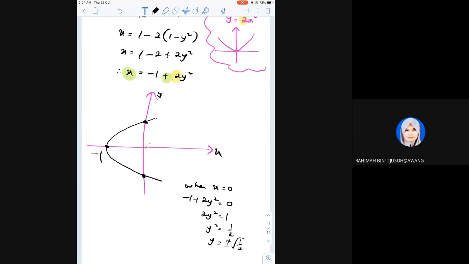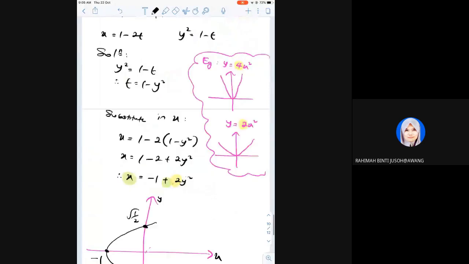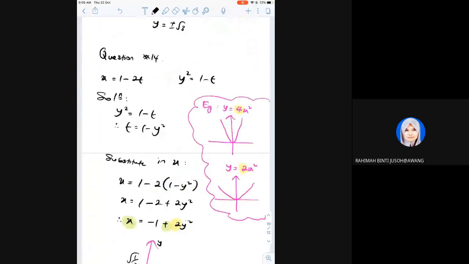Atas ni square root of 1 over 2, bawah ni negative square root of 1 over 2. Do I need to erase any parts of this? Look at your original question. Soalan original kita ada square root sign ke? Tak ada kan? So dah betul lah. Okay, that's it.